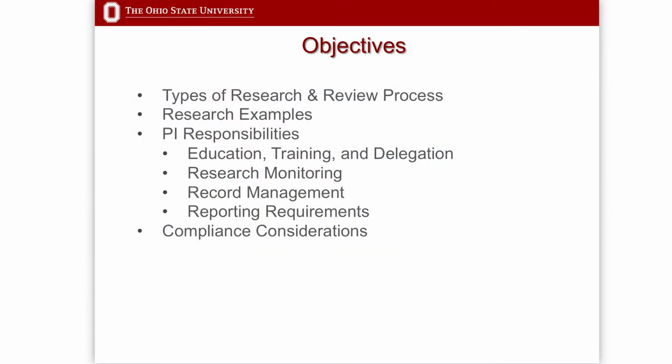That will be education, training, and delegation, research monitoring, record management, reporting requirements, and then things to know about non-compliance. So what are some examples of those things that can get you into trouble, okay? And they can be a very minor thing or it could be a very major thing. But it's just important that you have an idea of what those things are.